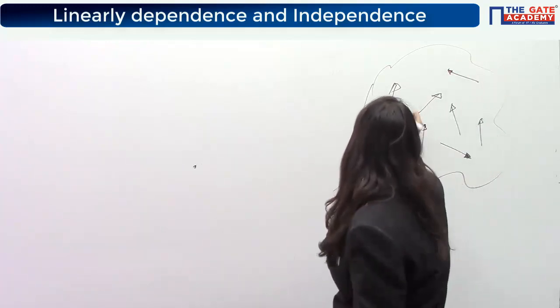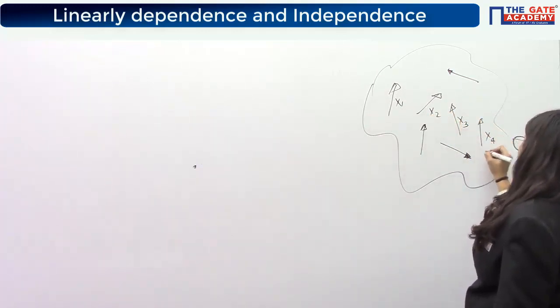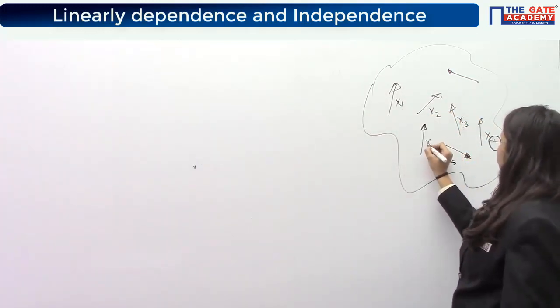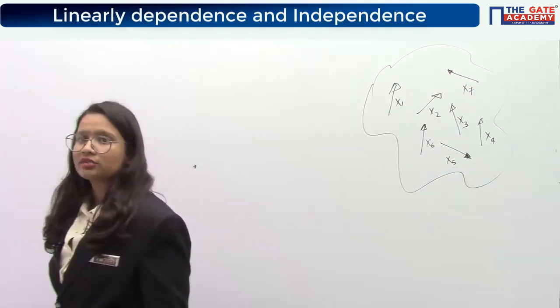Okay, so this will be known as your vector space in which there are some random vectors present.